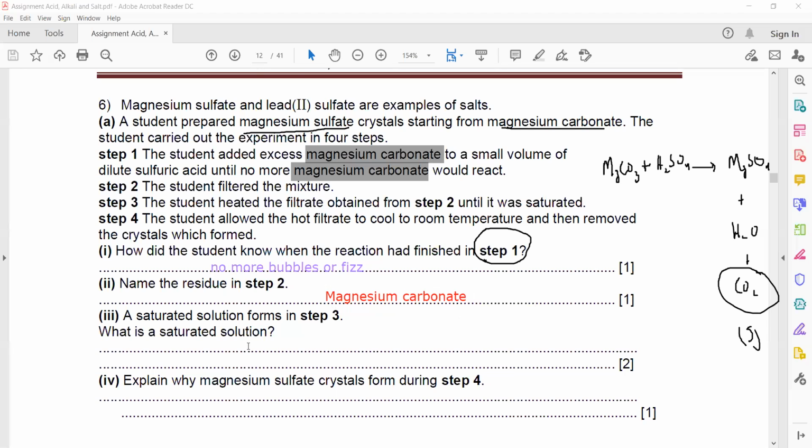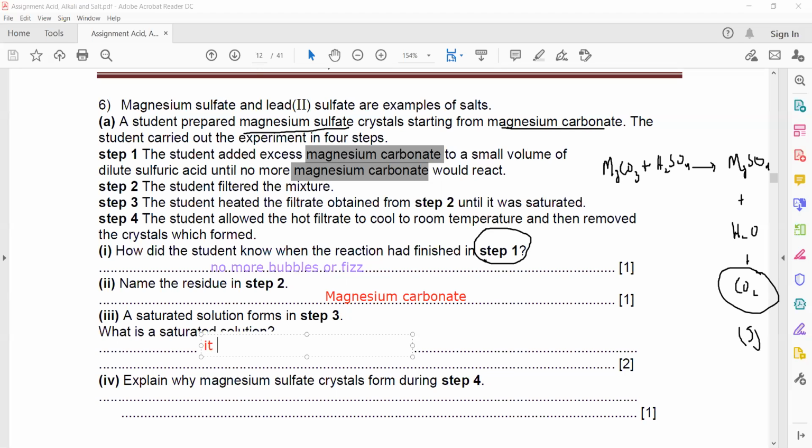A saturated solution forms in step 3. What is the meaning of saturated solution? The question is, what is a saturated solution? It means the definition. Yeah, good. So they are asking not what is formed in step 3, but what is a saturated solution.